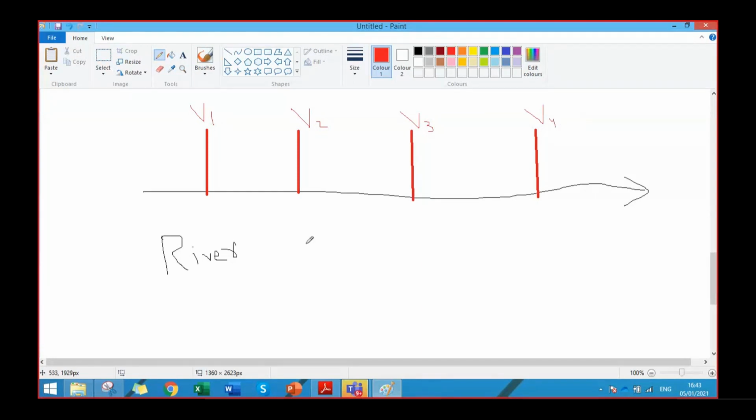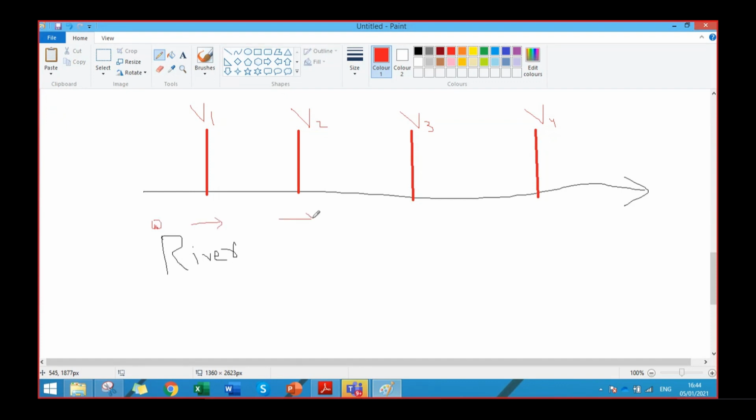But these values will be coming to me at different times. Let's say there is a particle A. It will pass this location, its velocity will be measured, then it passes to the next location, velocity measured, then the next, and then location 4.